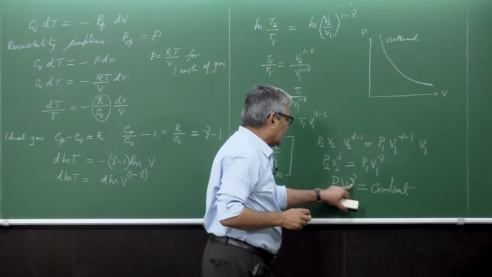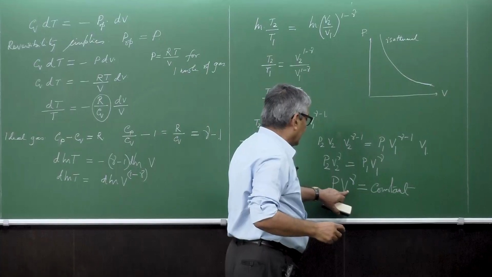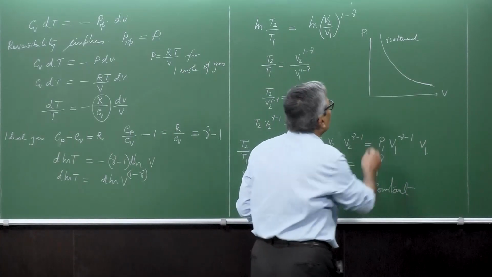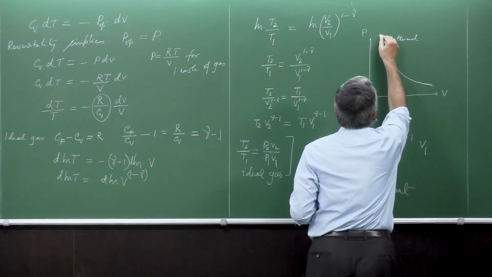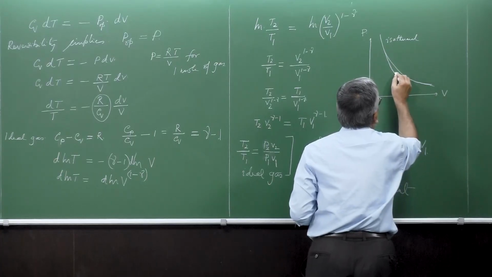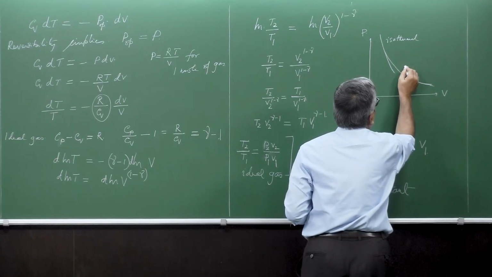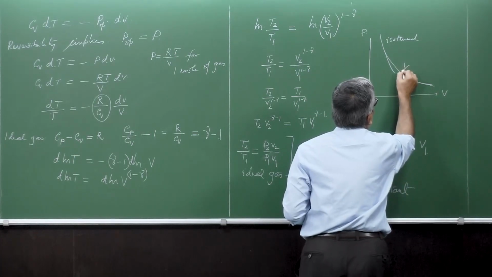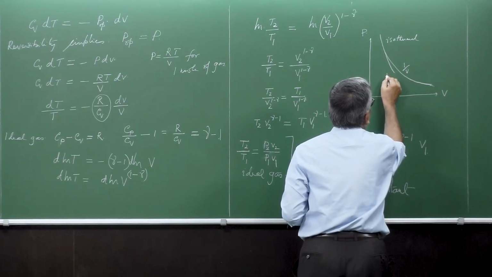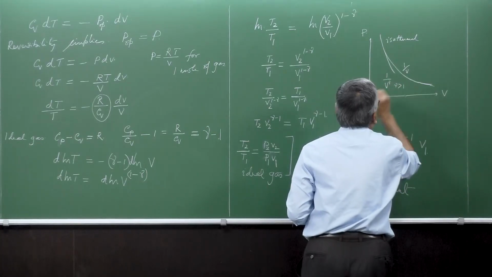And because of this gamma term, which is larger than 1, pressure varies as 1 by V to the power gamma, and that curve becomes slightly steeper, a relatively steep line. So the variation is 1 by V for this case, and for this case the variation is 1 by V to the power gamma, with gamma greater than 1.